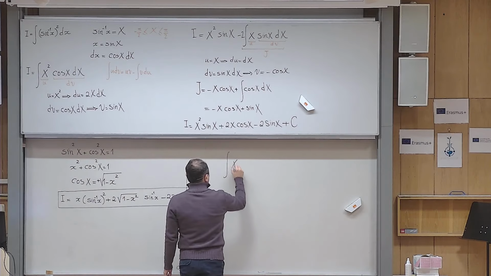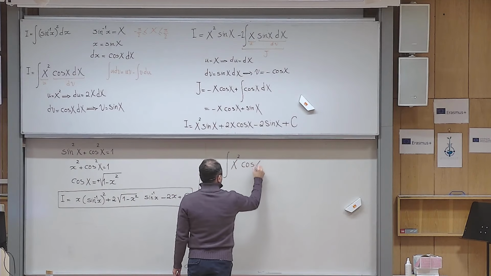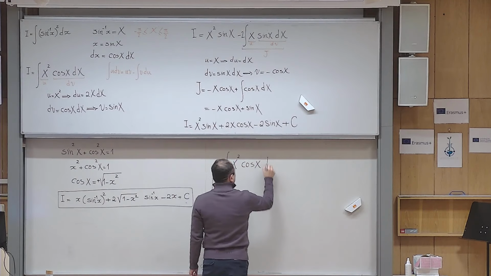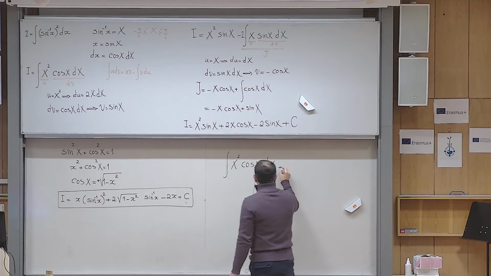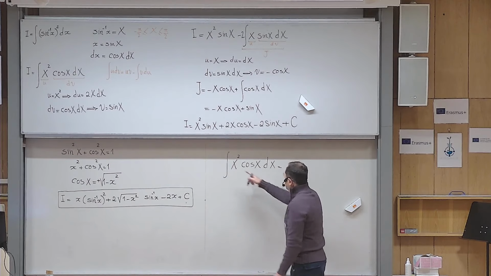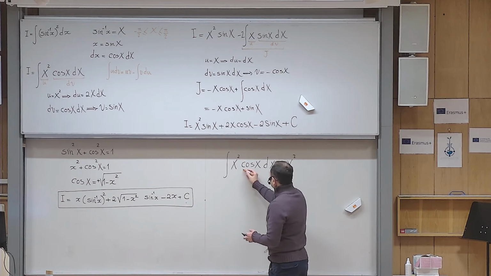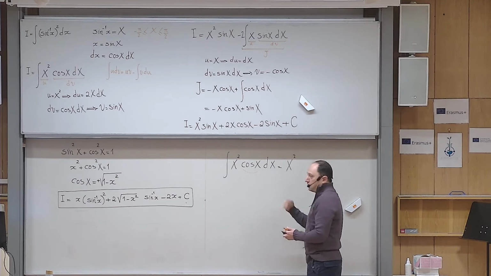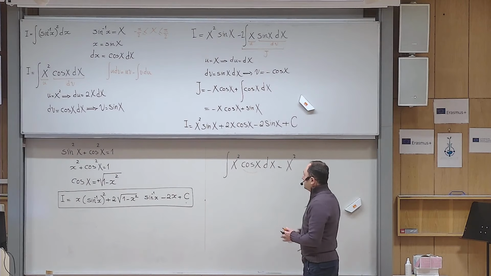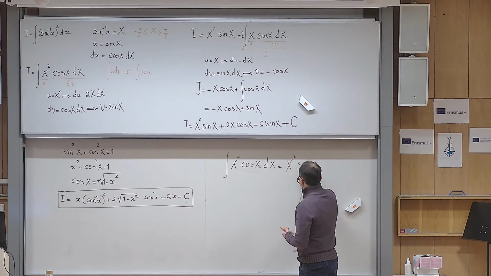So for example, if I want to calculate this, especially if I have a polynomial here, what you do, we took this u, you just put it here, and then from the second function, you find a primitive function. So if I ask you what the primitive function of cosine is, it becomes simply sine x.